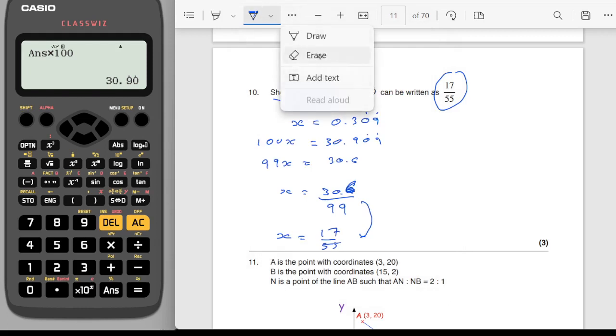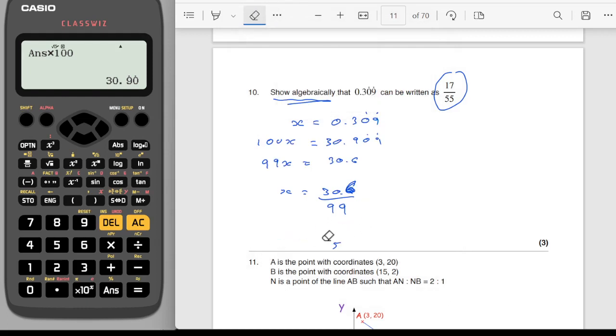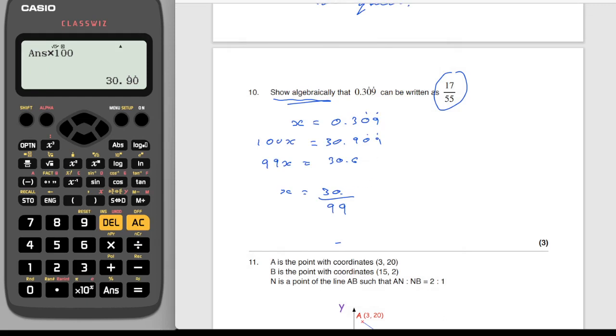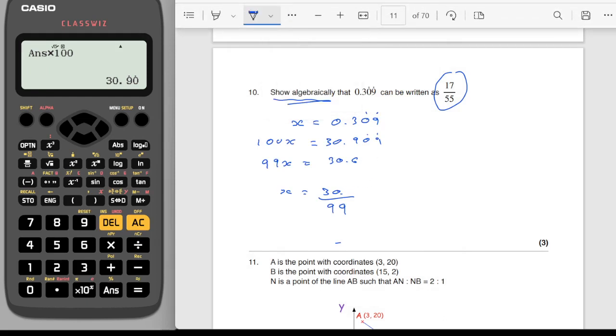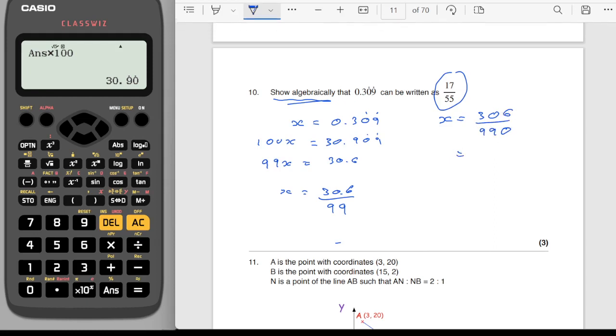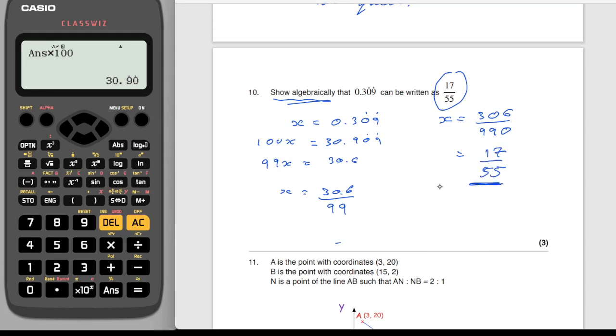If I was doing this on a non-calculator, I would say that x is equal to 306 divided by 990, and then I would simplify it with numbers that go into 306 and 990. How you simplify that down is up to you, but there's nothing wrong with going straight to 17 over 55 from there. So that's showing algebraically. That's really the algebraic part though.